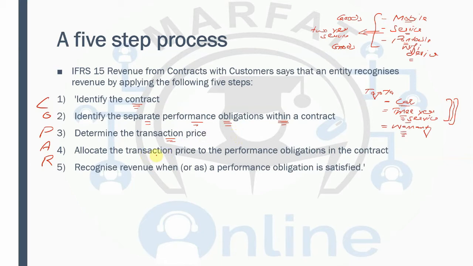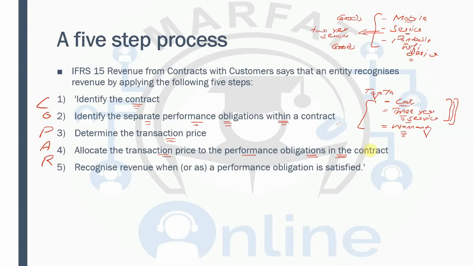The fourth thing is allocating the transaction price to the performance obligations in a contract. Now again, this is something very important. In step number 2, you have identified different performance obligations like car, 3 year service, warranty. In the third step, you have determined the whole transaction price, and that transaction price includes all the components.